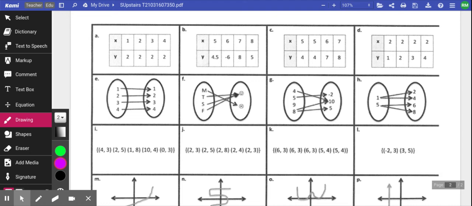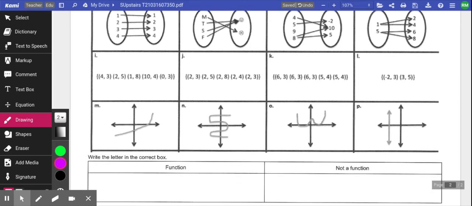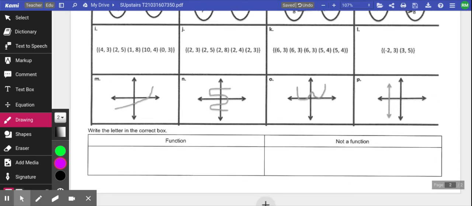The X or the Y values? X. So we're looking at the X values. Do any of them repeat? No. So is this a function or not a function? It's a function. So the letter A is going to go down here. And then you're going to go to B. And you're going to keep doing that until you get all of them sorted.